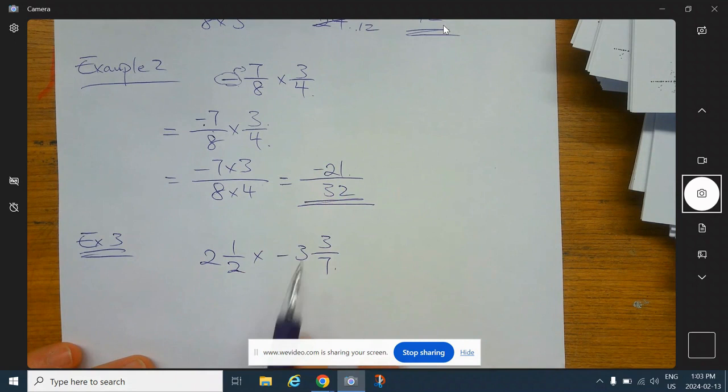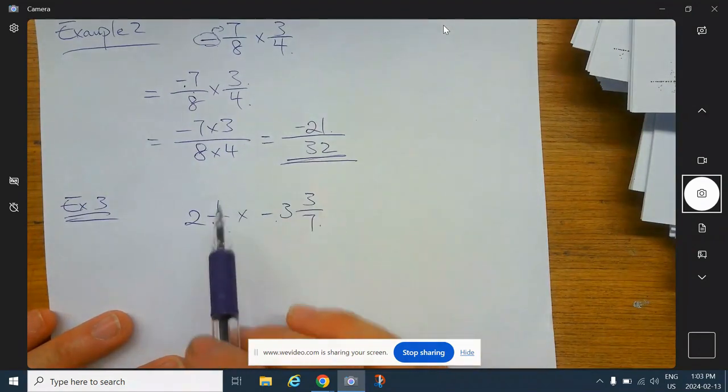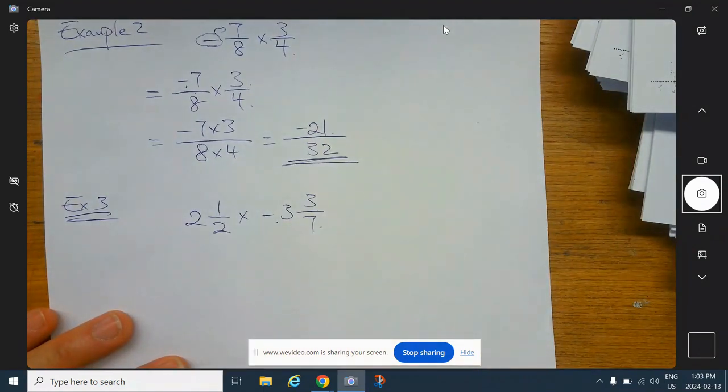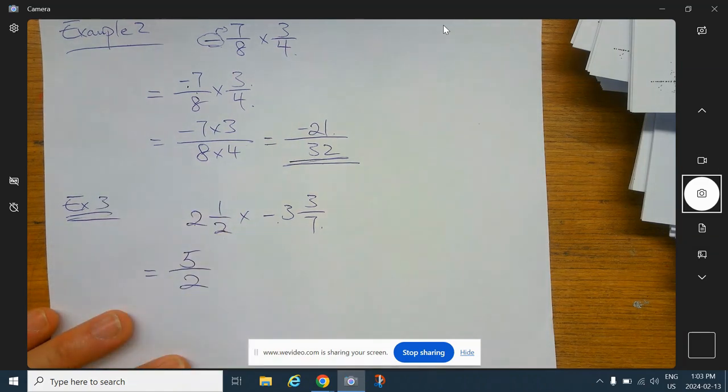Now you have mixed numbers, so what you do first is turn them into improper fractions. As we said yesterday, your whole number times the denominator plus your numerator. So 2 times 2 gives me 4, 4 plus 1 gives me 5. So this one here will be 5 over 2.